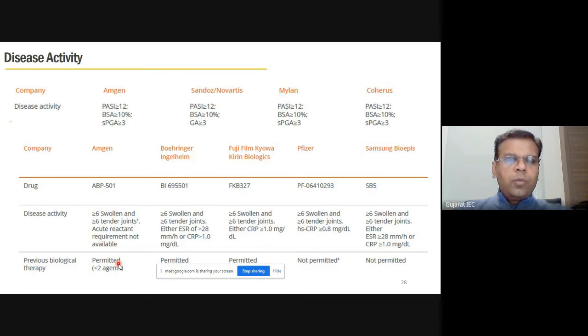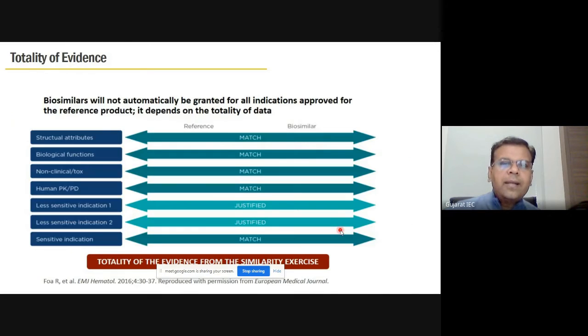So if Pfizer or Samsung want to do a study where they are not permitting prior exposure, then they may need to go to other countries, like Southeast Asian countries, where there would be no biologics available, or very few patients who could be on biologics. So then you get an easy recruitment. So these factors are definitely important, and they are typically considered important for designing the efficacy studies.